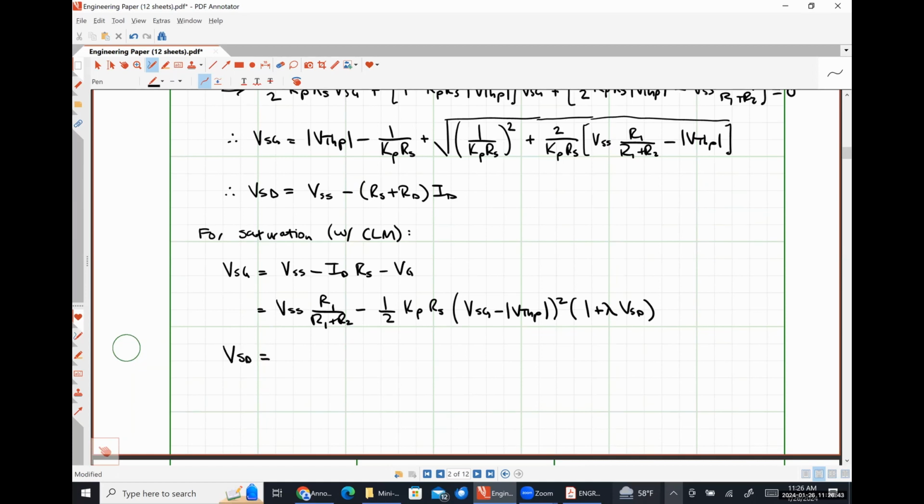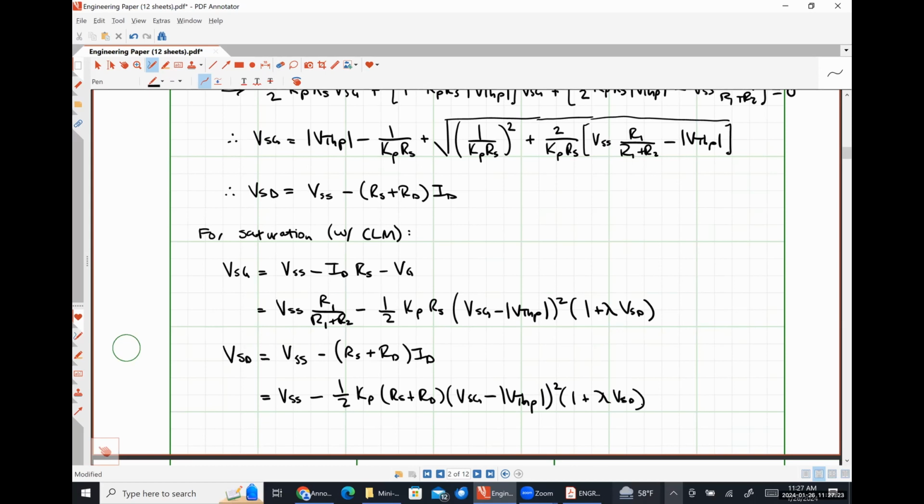VSD is VDD minus RS plus RD times ID. I keep saying VDD even though it's supposed to be VSS. So this is going to look like VSS minus 1/2 KP (RS plus RD) (VSG minus the absolute value of VTHP) quantity squared times (1 plus lambda VSD).